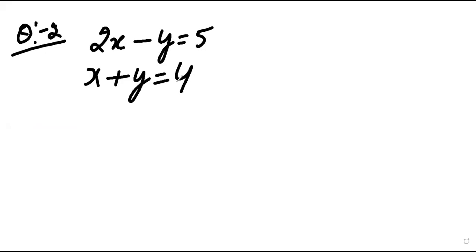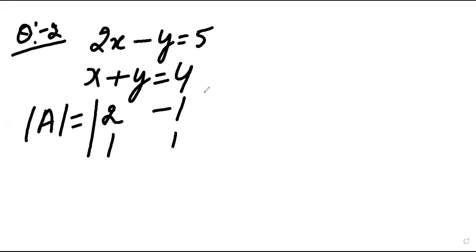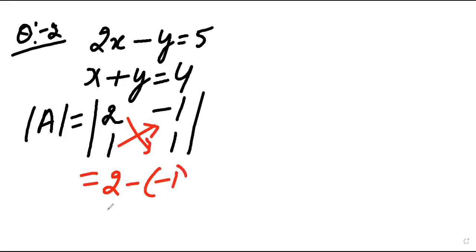So what we do? We first find the determinant here. The determinant of 2, minus 1, 1 and 1. Cross multiply: it is 2 minus of 1 into minus 1 is minus 1. So the answer is 2 plus 1, that is equal to 3.